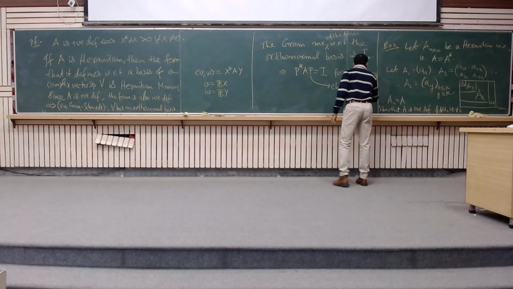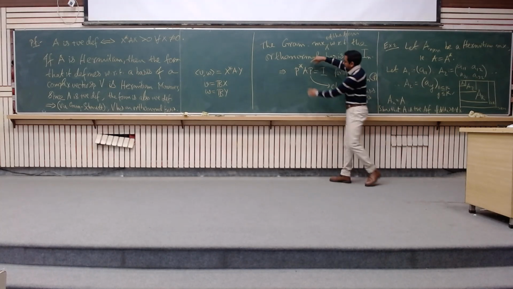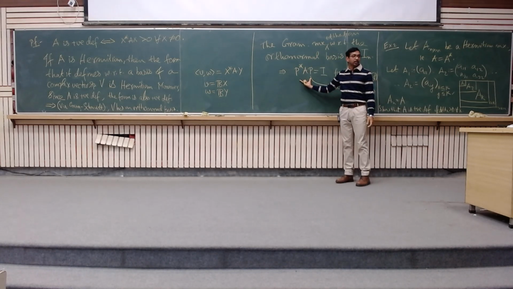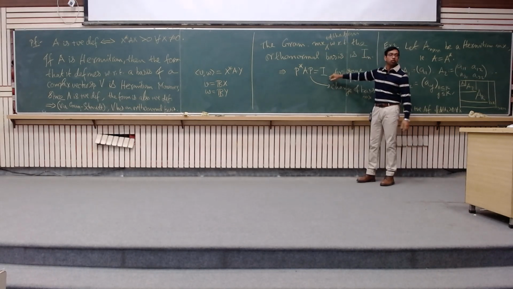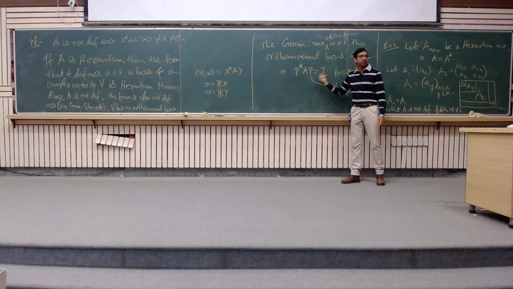And then the matrix of the form changes by P star AP, that you have shown earlier, right? Now we know that the new basis is orthonormal. So the Gram matrix with respect to the new basis would be identity. So that's how we are getting P star AP is identity.